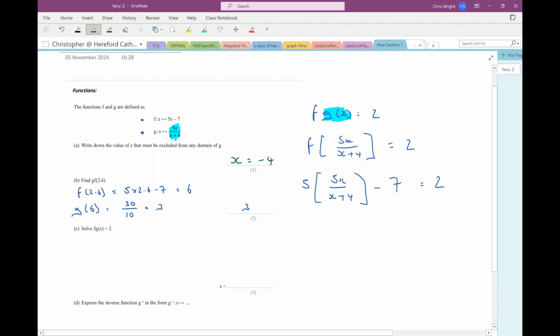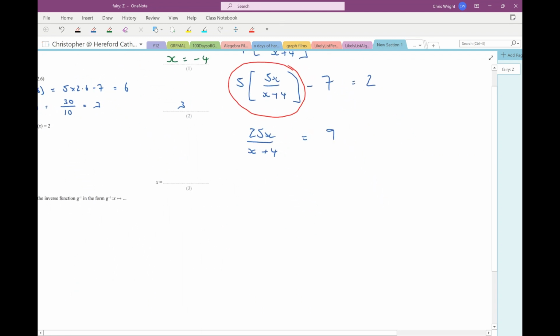So, well, I'll multiply out this bracket here. 5 times 5x over x plus 4 is 25x over x plus 4. I might as well add 7 to both sides as well. Gives me 25x over x plus 4 equals 9.